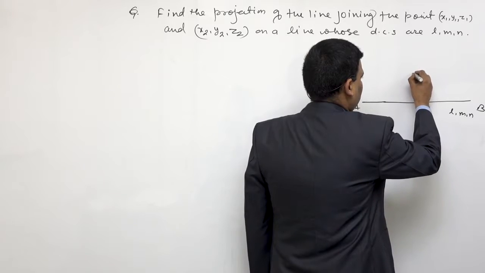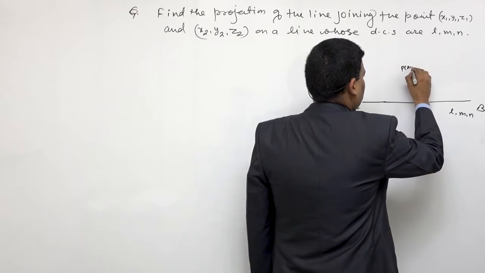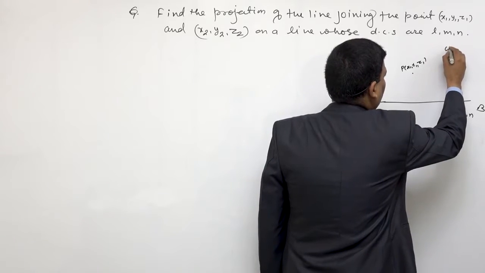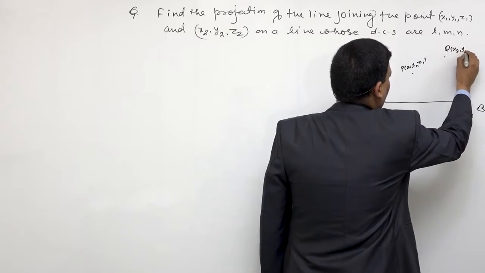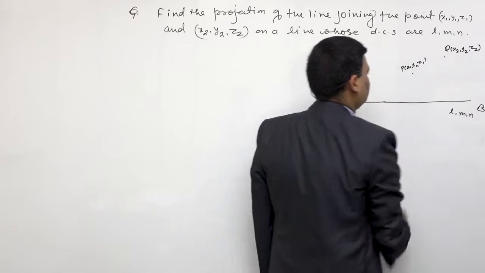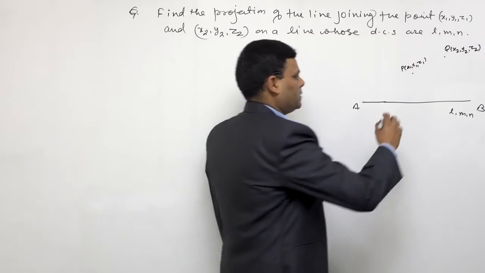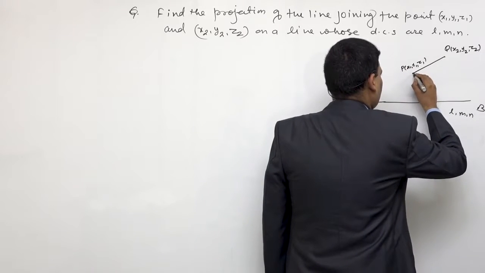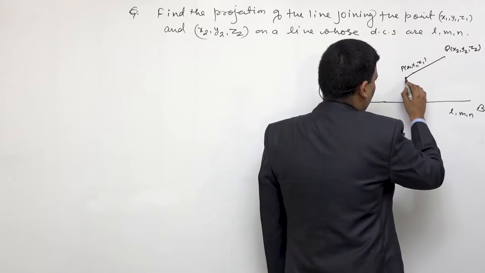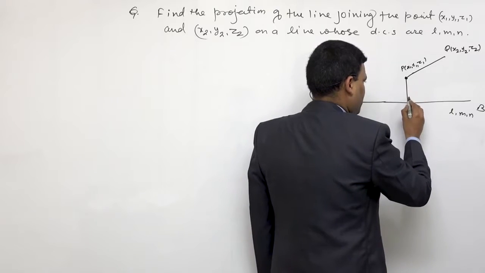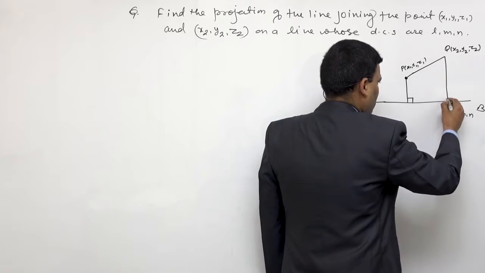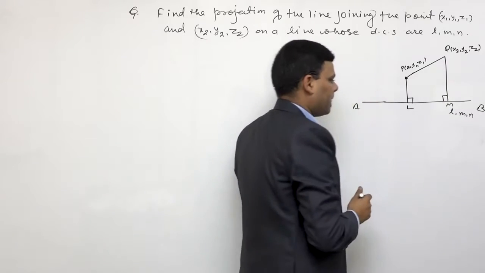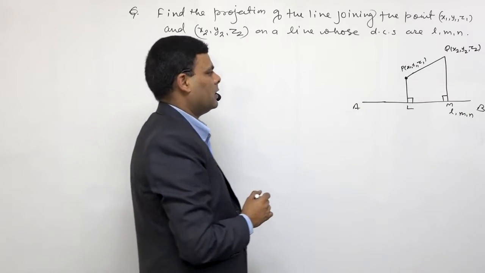Let P x1 y1 z1 and Q x2 y2 z2 be any two points in space. We join P and Q and draw PL and QM perpendicular on the line AB.